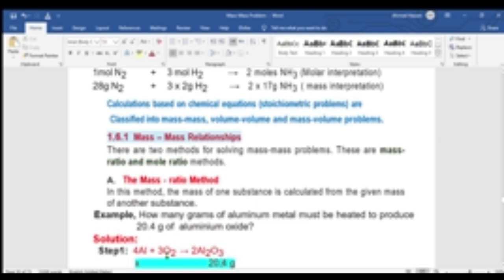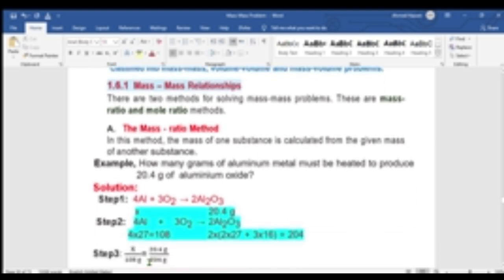Also, the total masses of those concerned substances, meaning the given and the required ones, must be written below the symbols or formulas. For instance, aluminum, which is assigned by X, meaning to be calculated, and aluminum oxide, for which the given mass 20.4 is written above it.